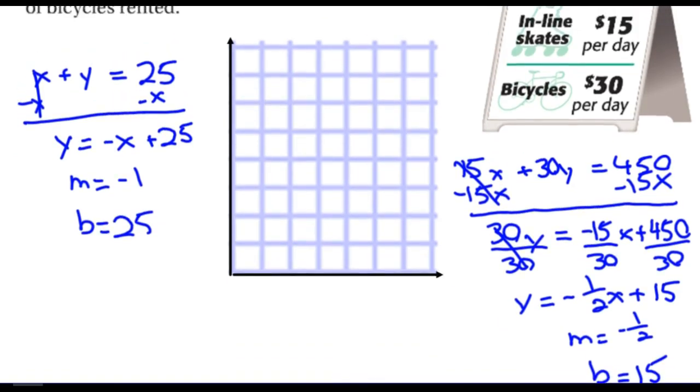So we know on our y-axis we need to have the numbers 15 and 25. So I can't go up by 1s to get to 15 and 25, so I'm going to go up by 5. So 5, 10, 15, 20, 25, 30, 35, and so on.